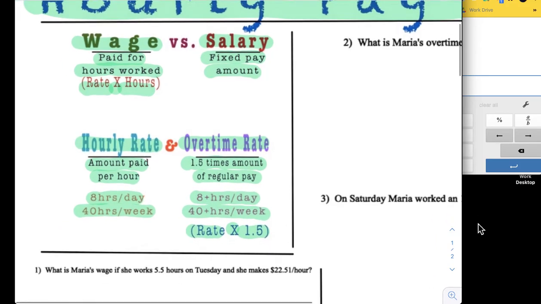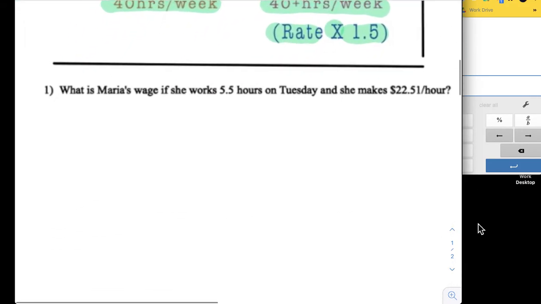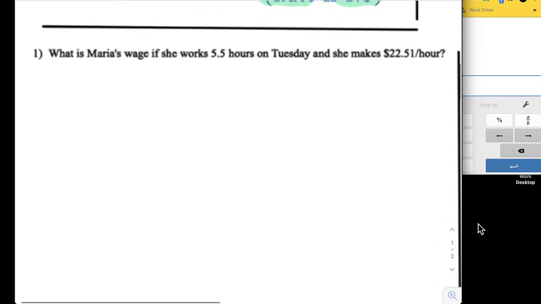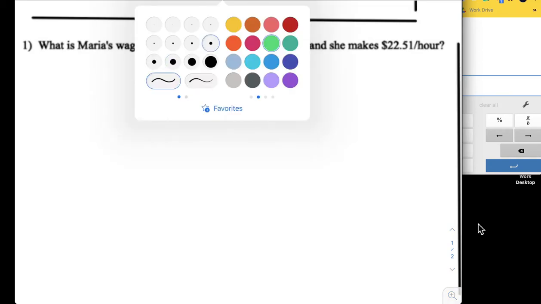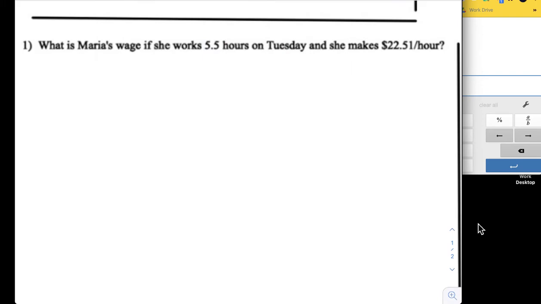All right? So let's go to our first example here. Let's read our question here. What is Maria's wage if she works 5.5 hours on Tuesday?